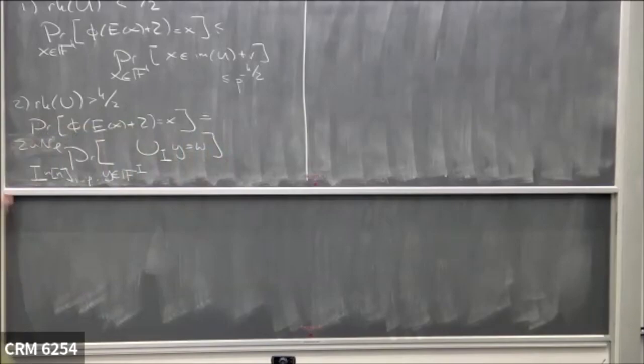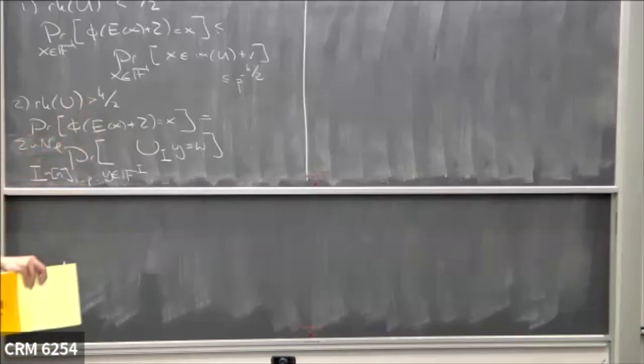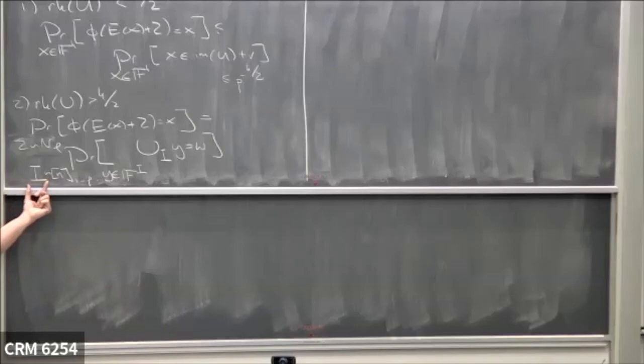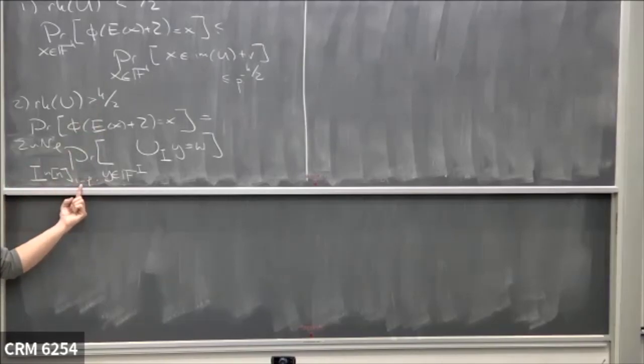Now, if U has rank at least k over 2, and rho is constant, then with good probability this random set is going to contain a significant proportion of linearly independent columns. Suppose you have a set of at least k over 2 linearly independent columns, and each is selected by I with probability 1 minus rho. So by the Chernoff bound, within I you're going to see a fairly large fraction of linearly independent columns.